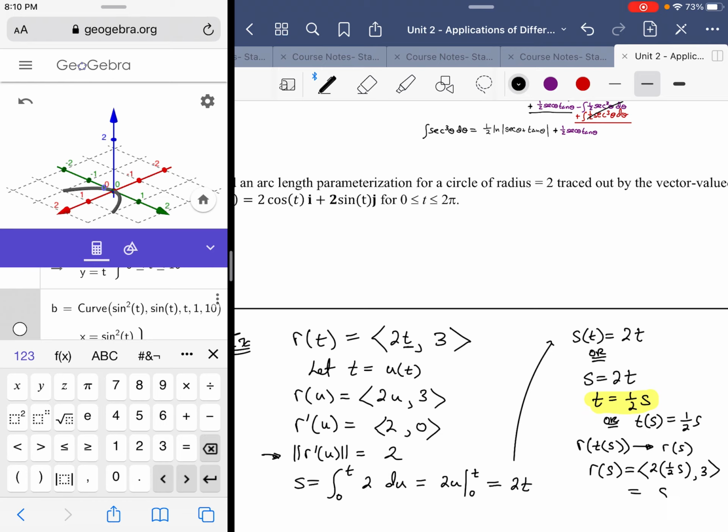So I'd be looking at s comma 3, and now I have what's known as the arc length parameterization, because instead of being dependent on t as in perhaps time, change in time, it's represented by the change in arc length.